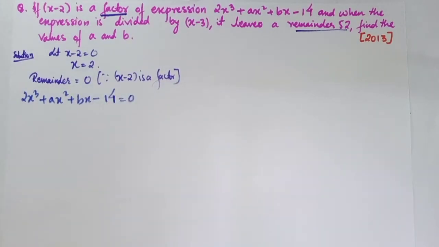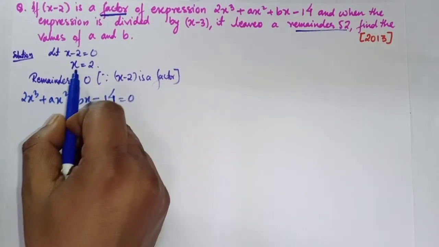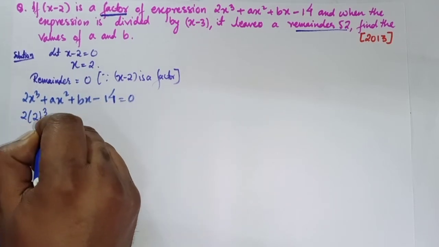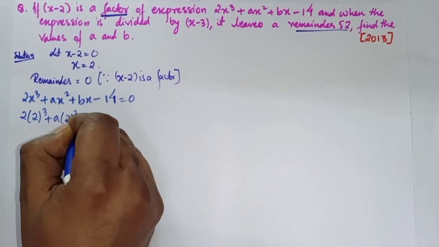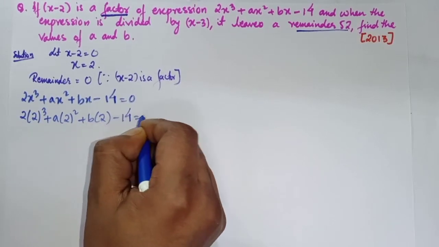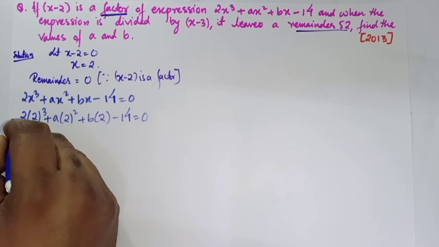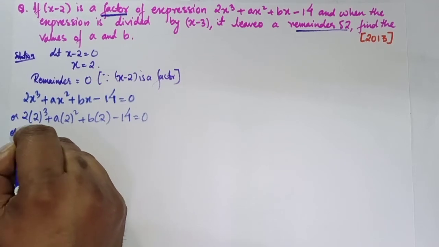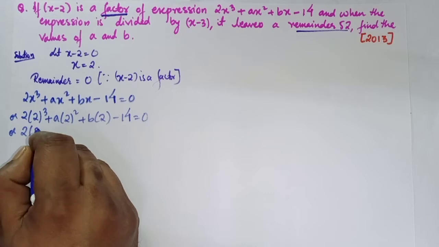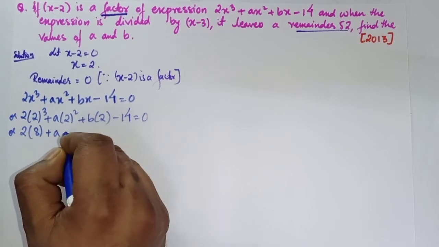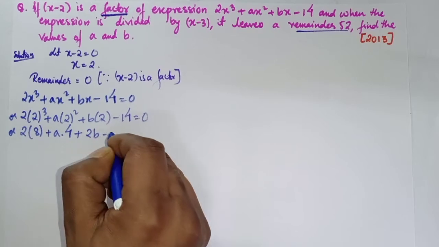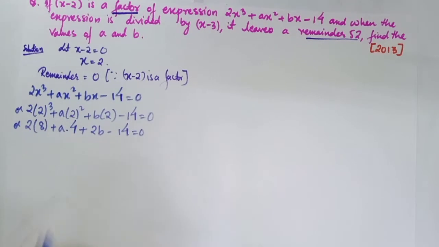Now I have to put the value of x, which is 2. So 2 cubed plus a times 2 squared plus b times 2 minus 14 equals 0. 2 cubed means 2 into 2 into 2, so it will be 8, plus a times 4, plus 2b minus 14 equals 0.